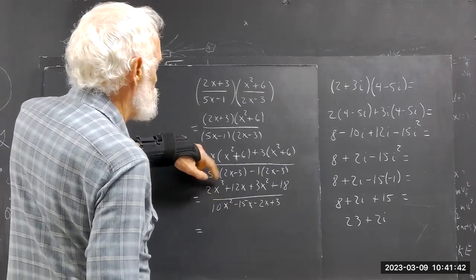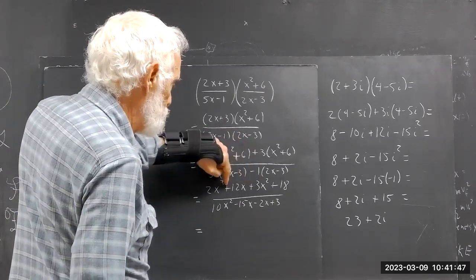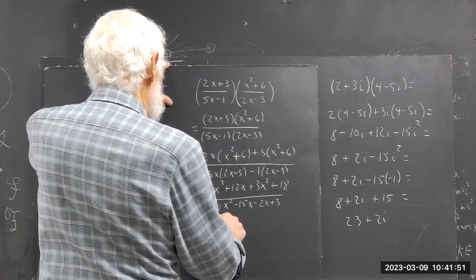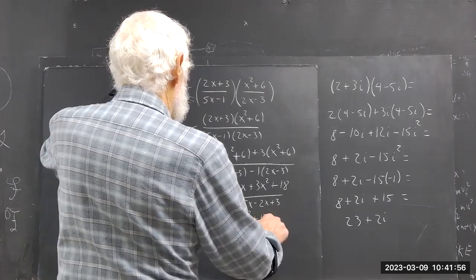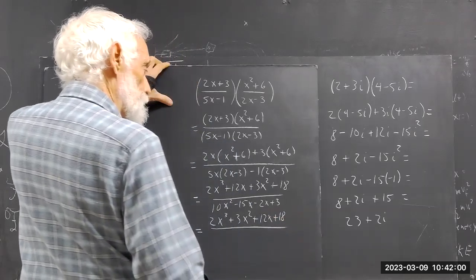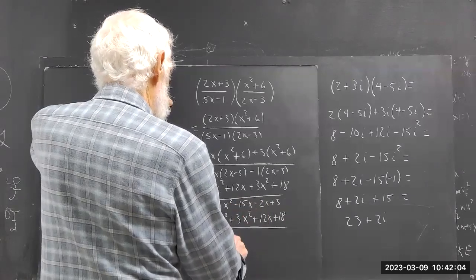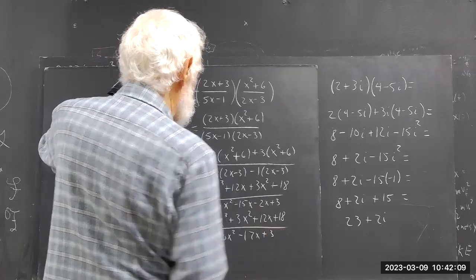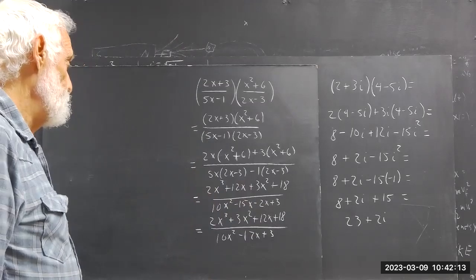I'm going to choose to write this in the order of descending powers of x, putting the x squared term before the x term. So I'm going to write this as 2x cubed plus 3x squared plus 12x plus 18. In the denominator, I can add the x terms and I get 10x squared minus 17x plus 3. And there, I've multiplied it.